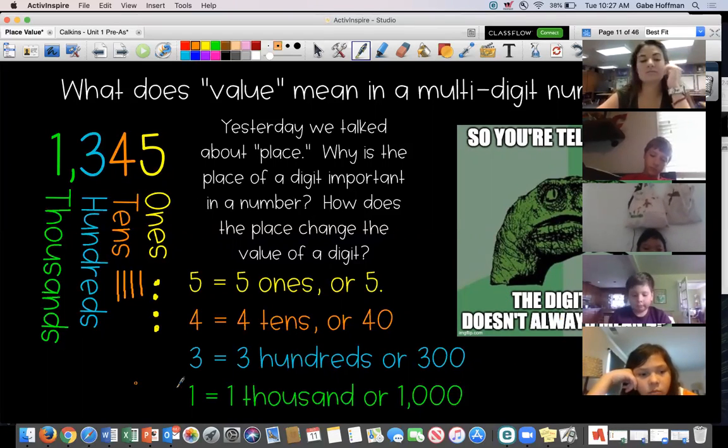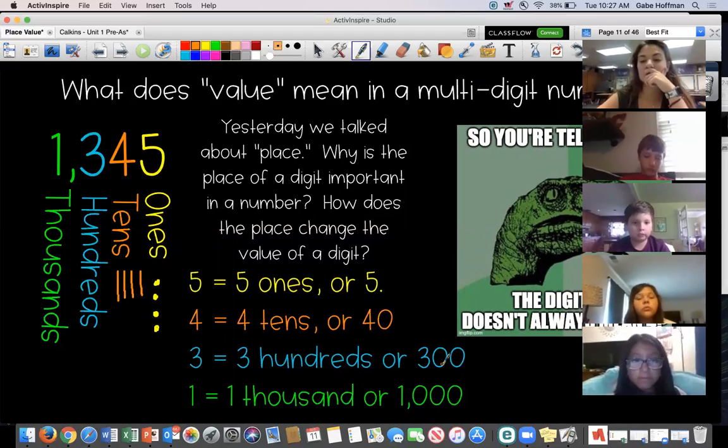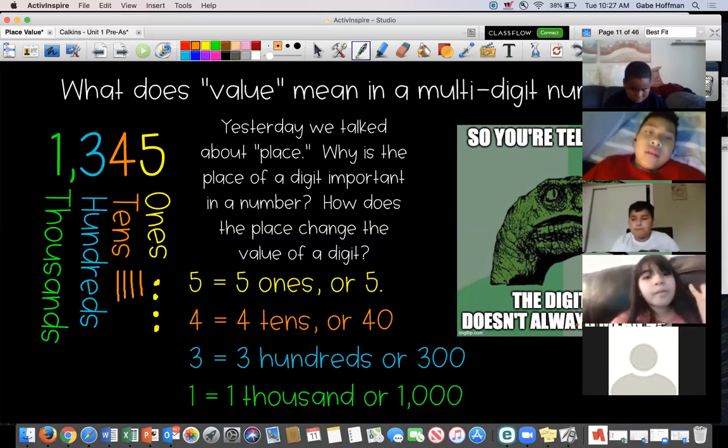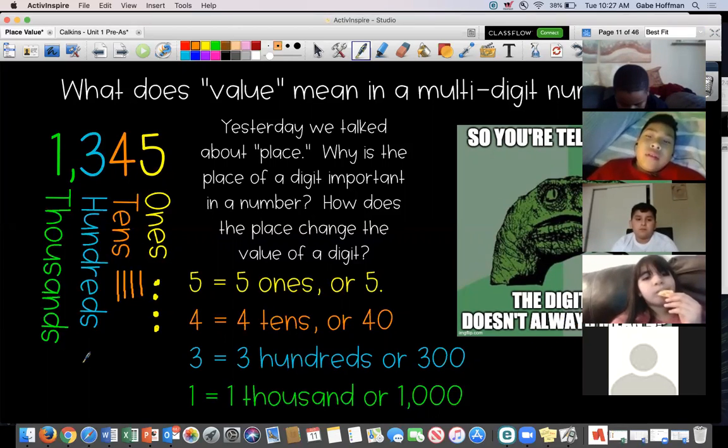So if there's a 3 in the hundreds place, that actually means it's worth 300. The value of a 3 in the hundreds place is 300. And then Cynthia, what is in the thousands place? 1. 1, right? So if there's a 1 in the thousands place, the value of that 1 is 1,000. Okay, there's 1,000 in thousands place.